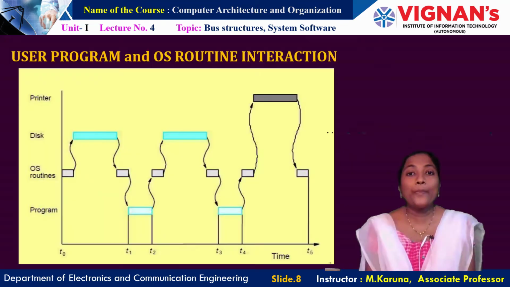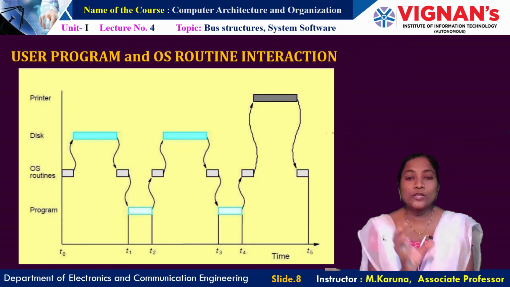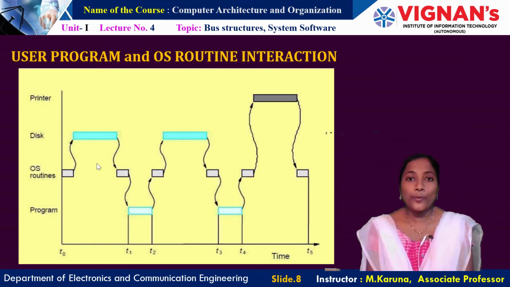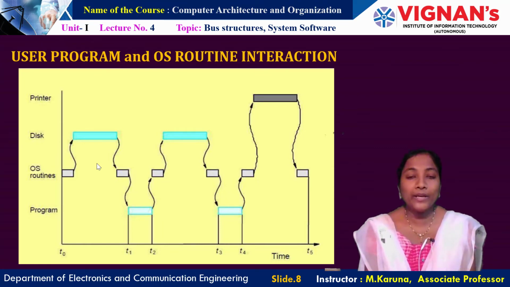Now, an operating system is a large program which contains several routines. Execution of those routines coordinates the activities of the functional units. Let us see how the operating system is used to run the application software, or we can say application program. Here in this example, the following steps are involved in this task of the operating system with one processor, one disk, one printer.